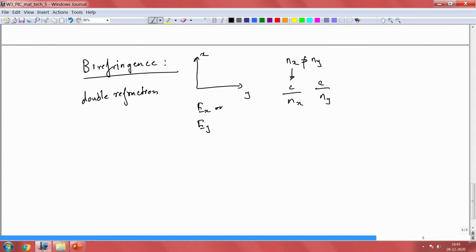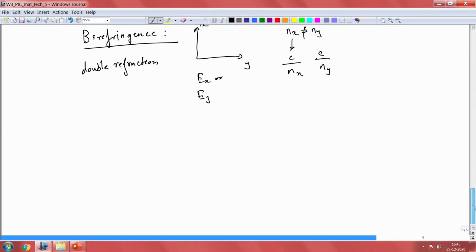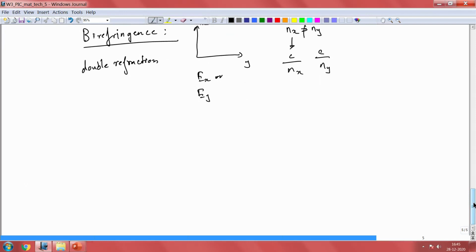So, now let us look at the field vectors that we introduced in an anisotropic medium. So, we can take D and E in this direction. So, light propagating here.